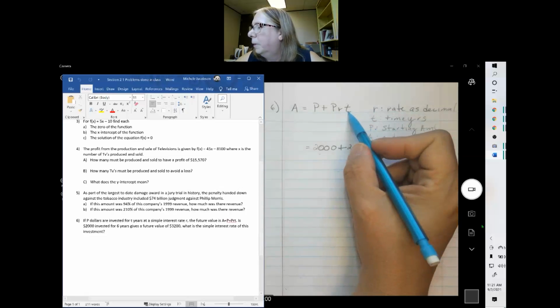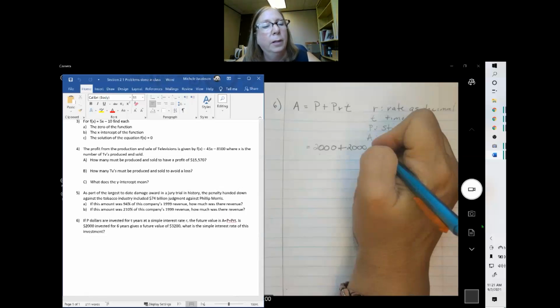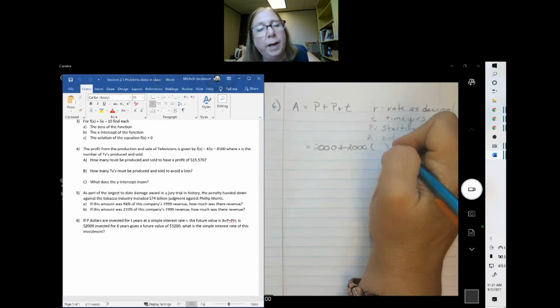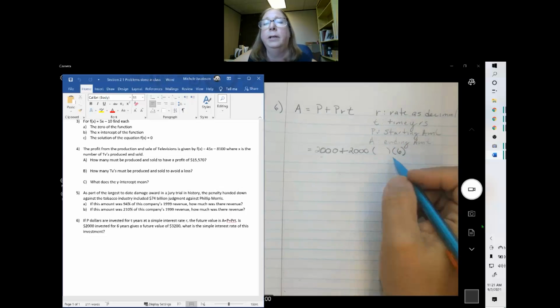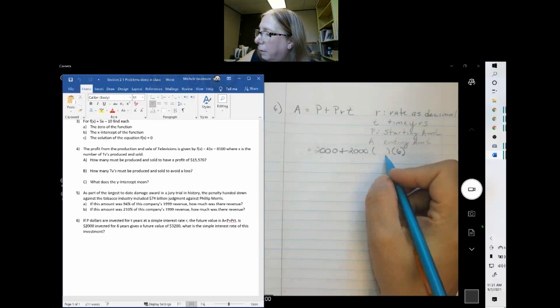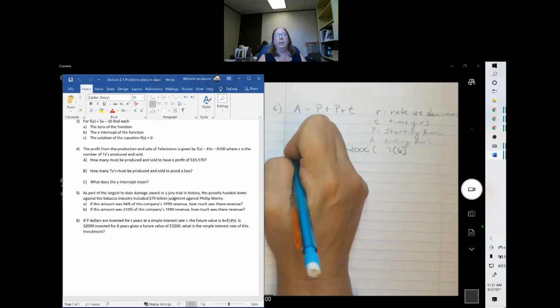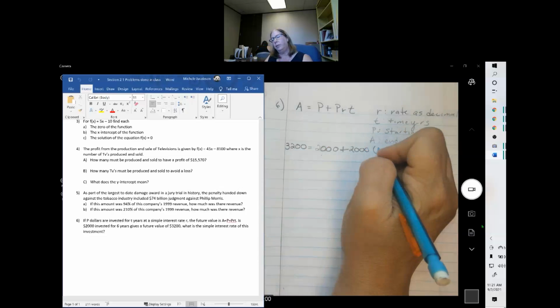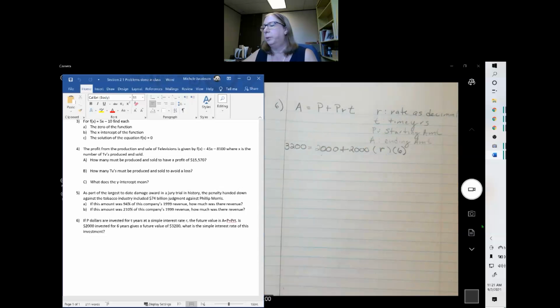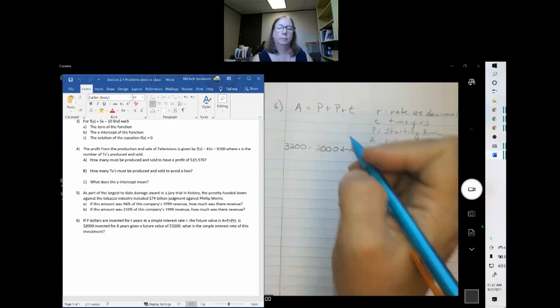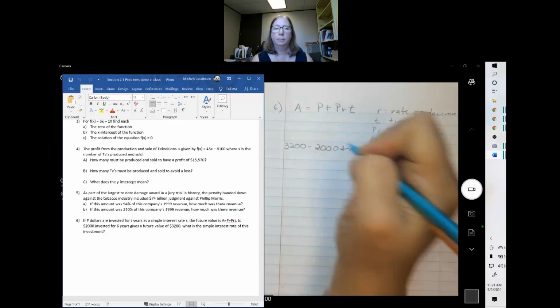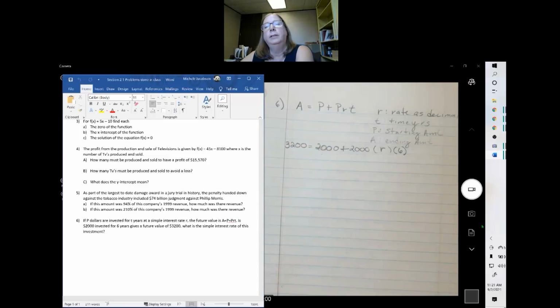Years is time. I made space for R. And then it says gives a future value of 3,200. So they're giving us A. We're looking for R. So as they give you the information, keep plugging it into the equation, and then you should only have one variable at the end. Any questions on that part?